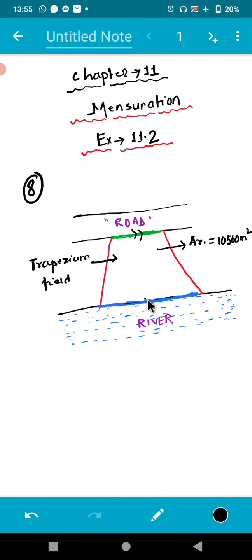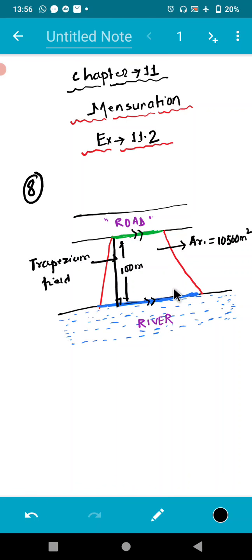That is, the height is 100 meter, given in the question. Now what you have to find out is the length of the side along the river.